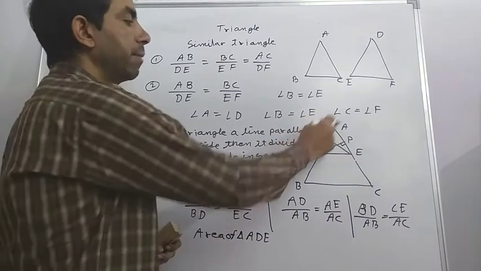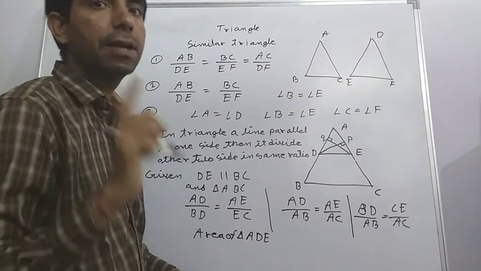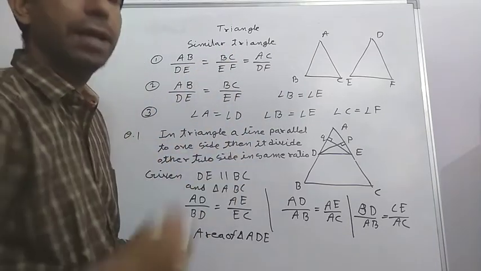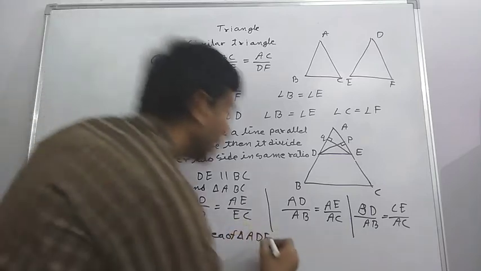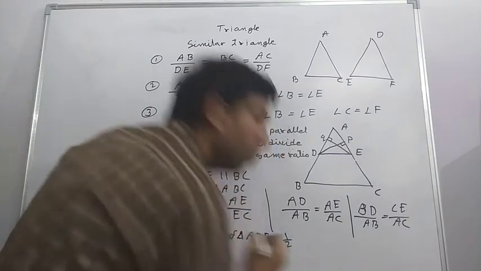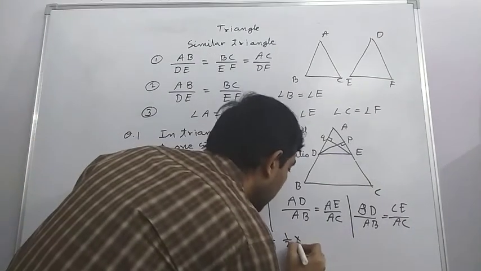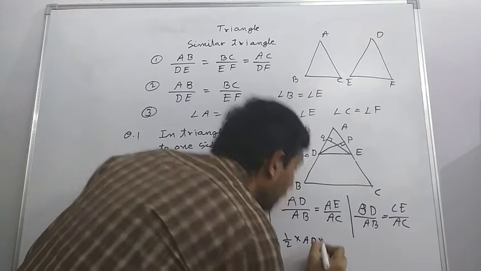First method, if we take base AD, and second method, if we take base AE. Both methods are right, so we write both equal to 1 upon 2 base times height. First we take base AD, multiplied by height.